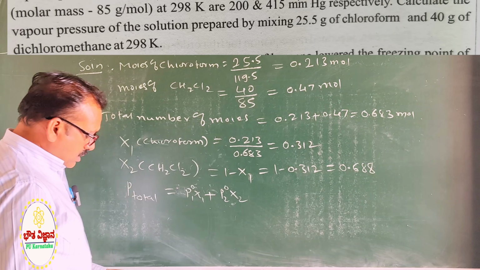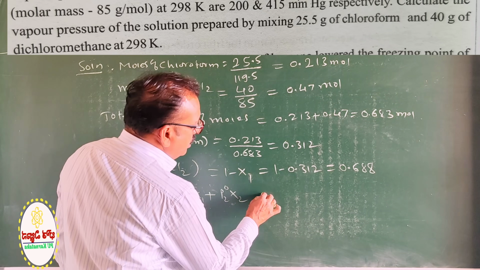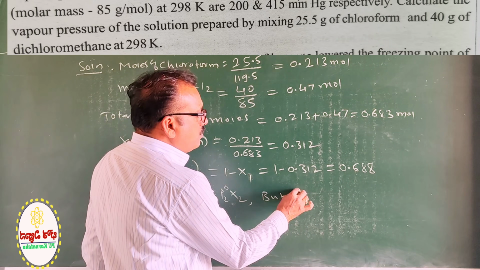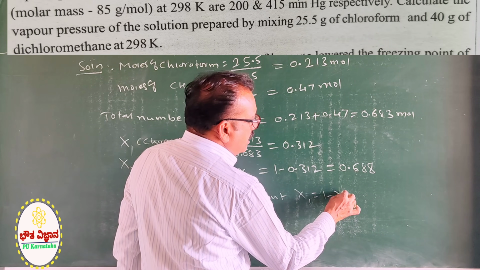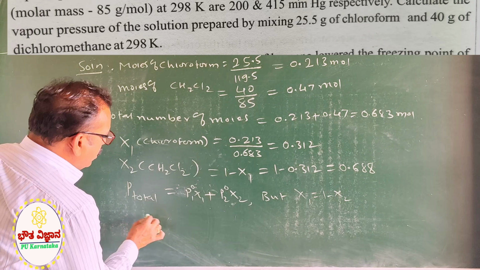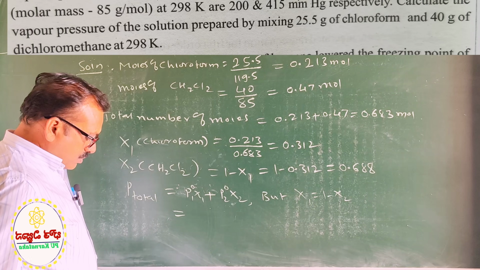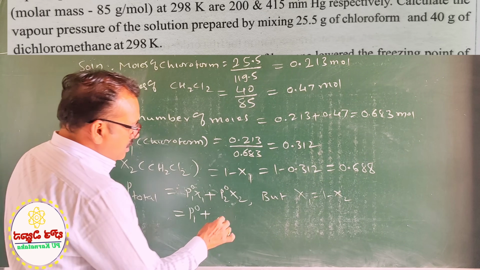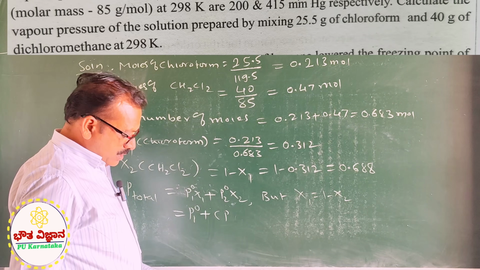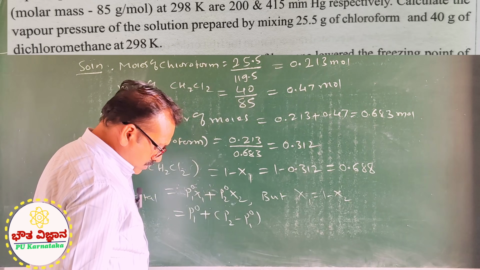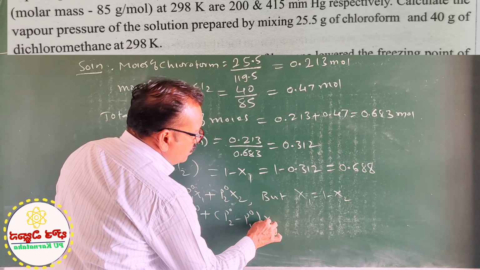But we remember that x1 equal to 1 minus x2, so P total equal to P1 naught plus (P2 naught minus P1 naught) into x2.